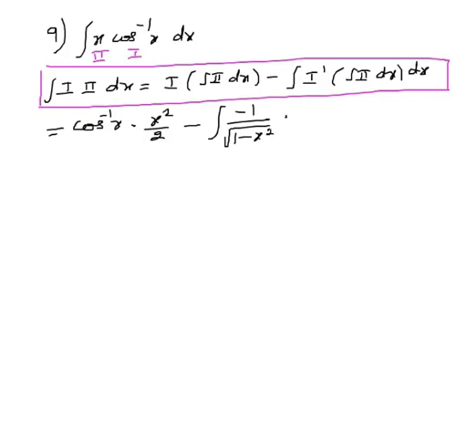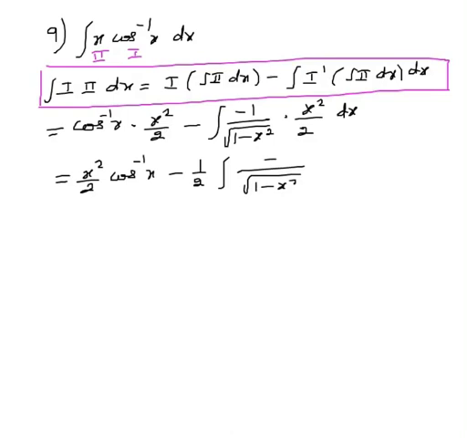And integral of the second function, which is x, is x square divided by 2 dx. X square by 2 cos inverse of x minus half is taken out. Denominator has minus x square and numerator also has minus sign. Add 1 and subtract 1.